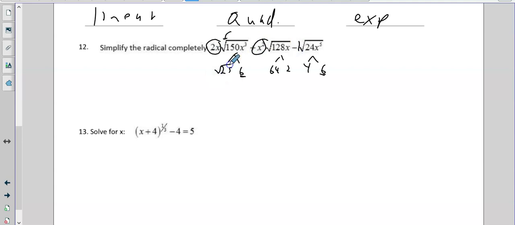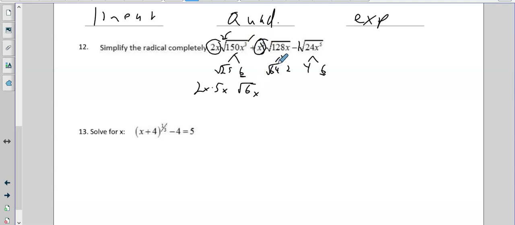Okay, so this square root of 25 is going to come out as a 5 times the 2x. And then the radical 6 is staying. And now, with the x cubed, remember we're going to divide. So 3 divided by 2 is 1, so we're going to have another x out here, but one of the x's is going to be stuck inside. All right, now here, I need to make sure that was a plus or a minus. Now here, we have the square root of 64.